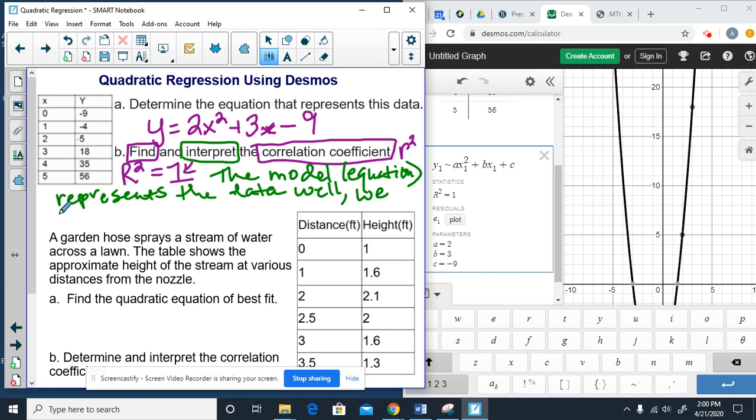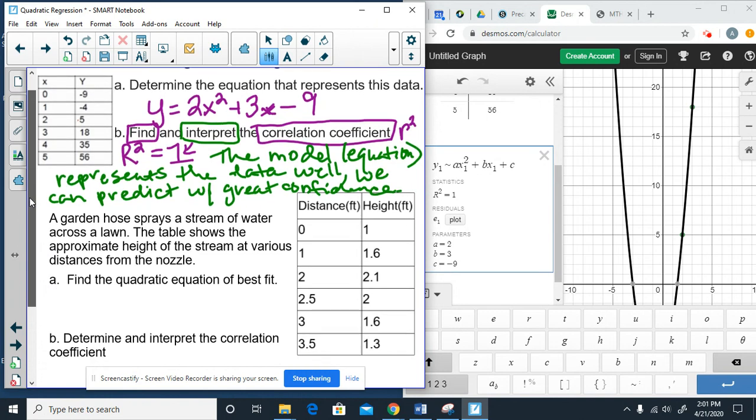You can't get any closer to 1 than that. We can predict with great confidence, I'm going to say. All right, well, there we go. So if we used this model to determine something, we could do that with great confidence.